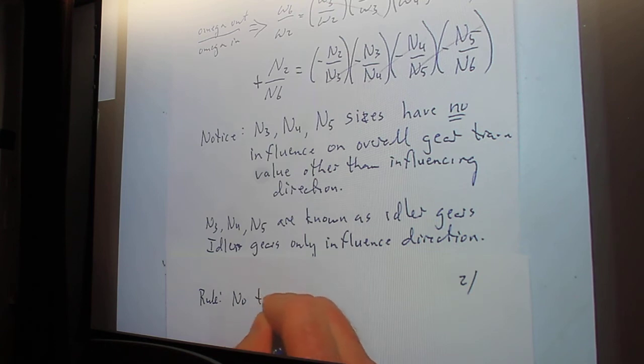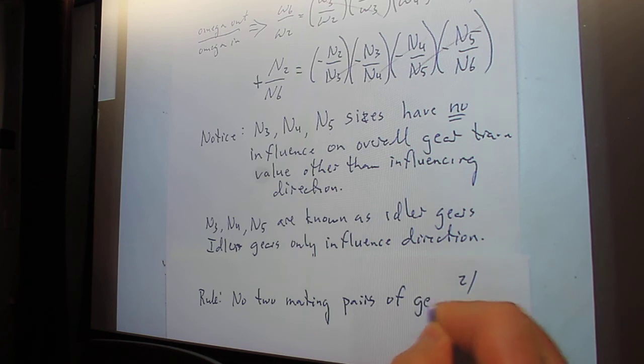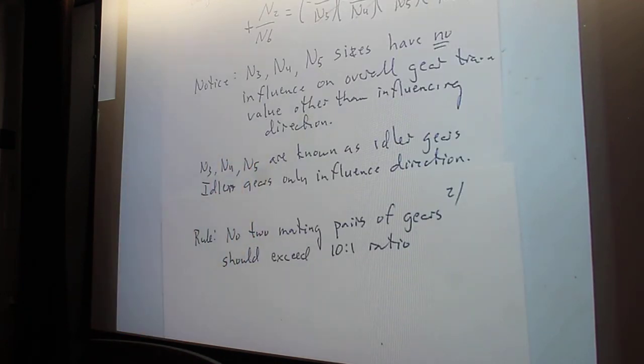No two meeting pairs of gears should exceed a 10-to-1 ratio. So no ratios between two meeting pairs of gears can be higher than 10-to-1, more than 10-to-1. All right? And there's a reason for that.